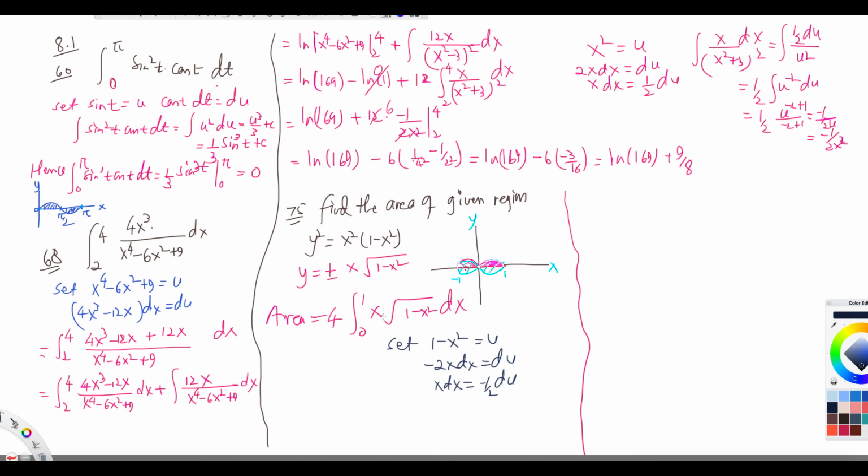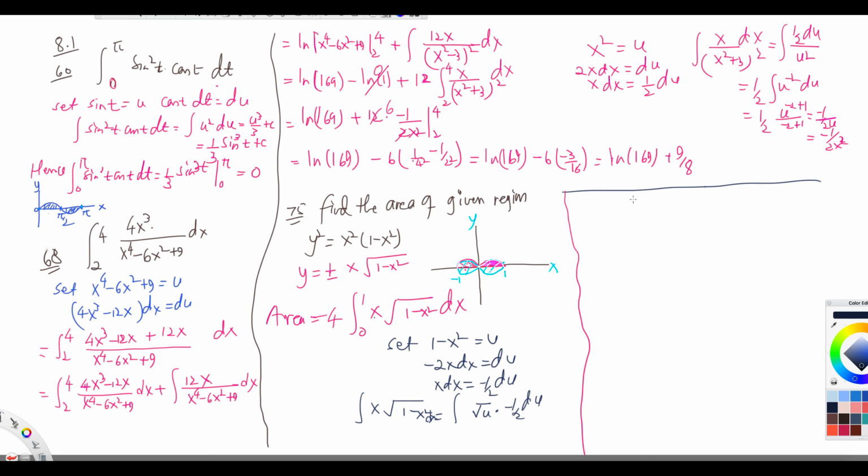So what is the integral then? The integral will be the integral of x times the square root of 1 minus x squared. I'm not thinking of the limits; I will plug in the limits later. I'm also not taking the 4 yet, but I'll write that 4 later. So what do you get? x dx will become negative 1/2 du, times root u.